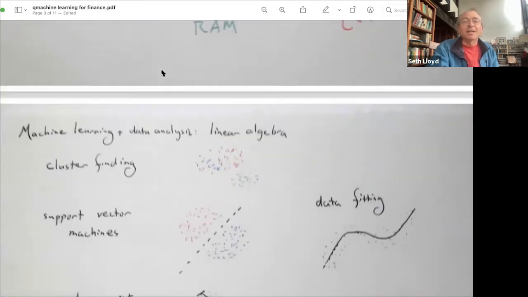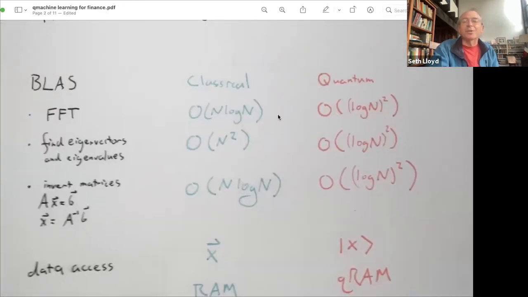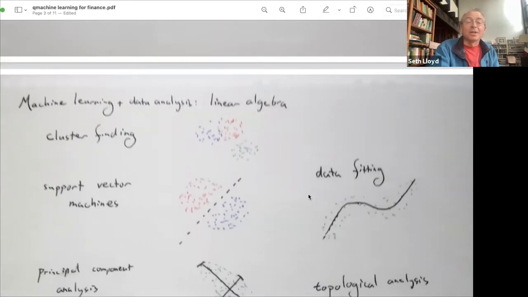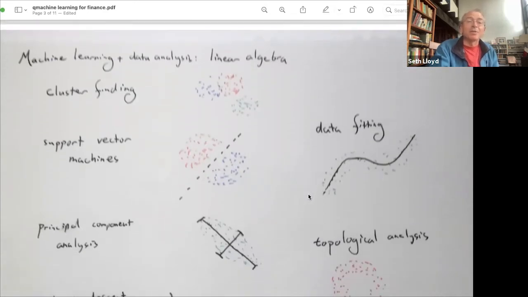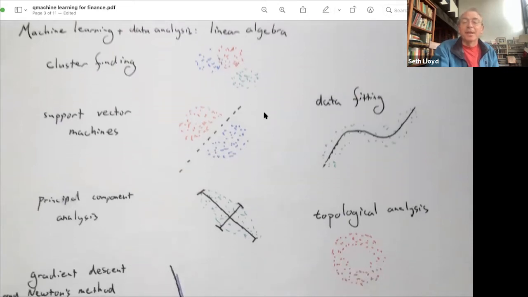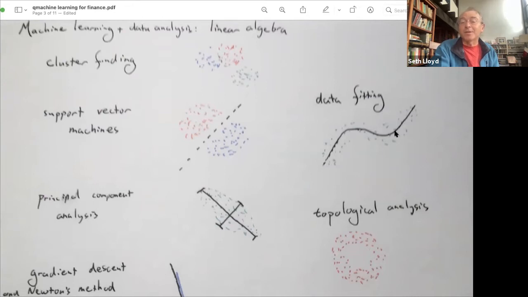If you look at these basic linear algebra subroutines and their quantum versions, and you look at machine learning and data analysis that gets exponential speedups from linear algebra, you find cluster finding, like k-means and other cluster finding methods, which are purely linear algebraic methods. Support vector machines, where you have clusters of data embedded in a high-dimensional Hilbert space, the so-called kernel method, and your goal is to find the optimal separating hyperplane between them, get an exponential speedup. So does simple least mean squares data fitting.